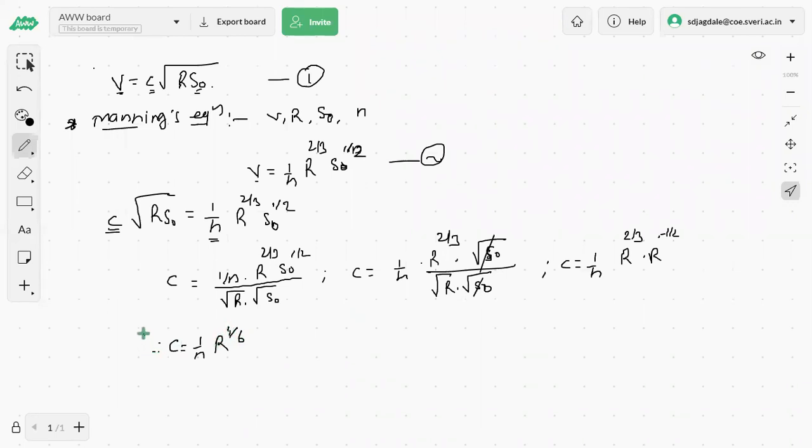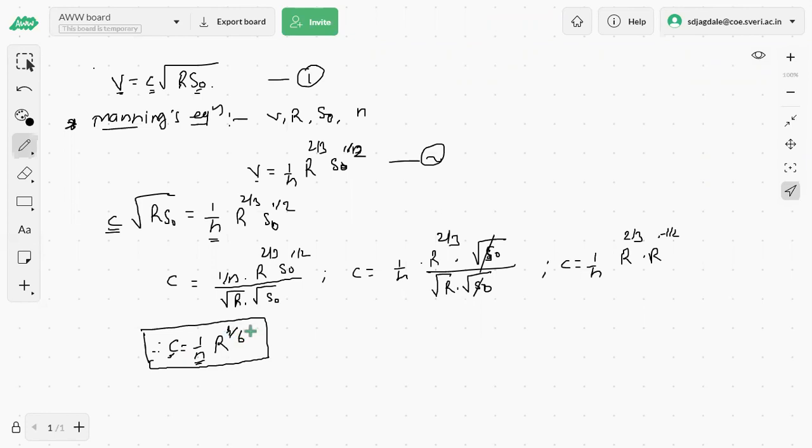That is C is equal to 1/n into R raised to 1/6. This is the relation between Chezy's constant and Manning's rugosity coefficient, which is related to Chezy's constant as 1/n into R raised to 1/6 power.